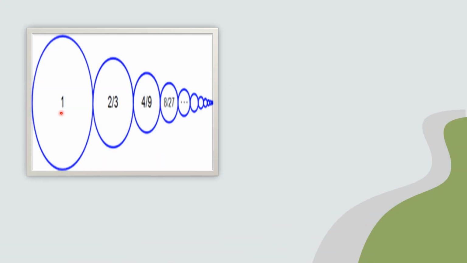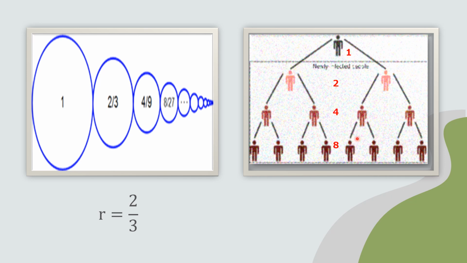Next, we have 1 and 2/3 as our first two geometric terms. That means we need to divide 2/3 by 1, and we'll get 2/3 as our common ratio. So r is equal to 2/3. But what about the next picture?